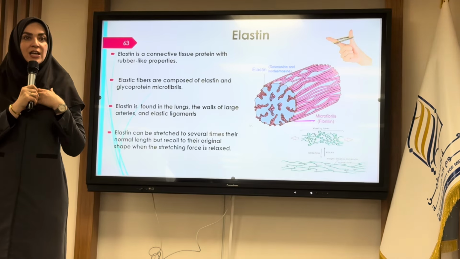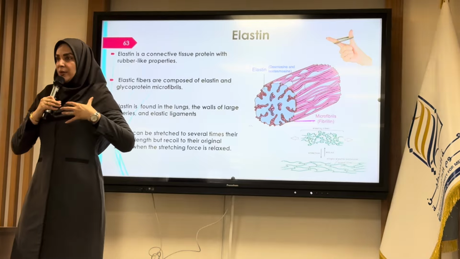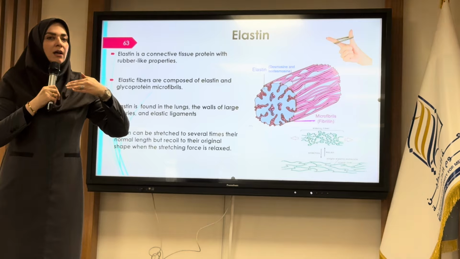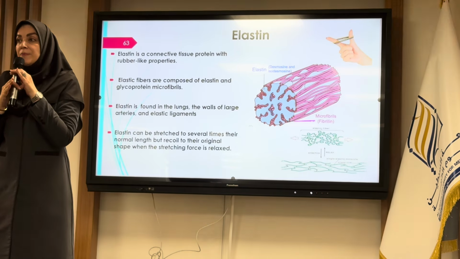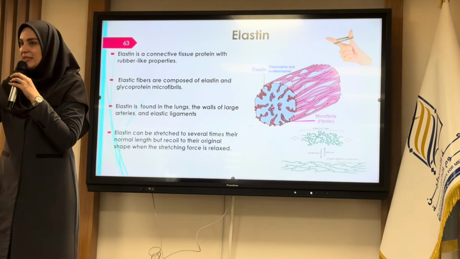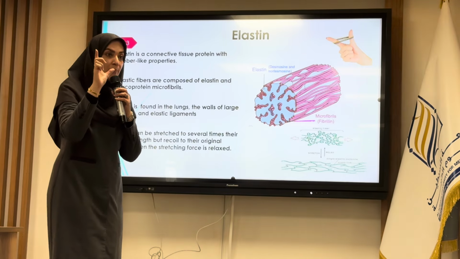Lungs. After taking a deep breath, you increase the size of the lung, and after exhalation, you decrease the size of the lung. So in the lung, you have an elasticity protein, elastin. It acts as a rubber.